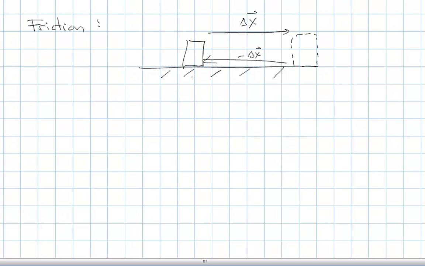As it moves from the starting point to the midway point, the work done by friction is going to equal the force of friction multiplied by the distance multiplied by the cosine of 180 degrees, because the friction force is opposite the direction of motion.